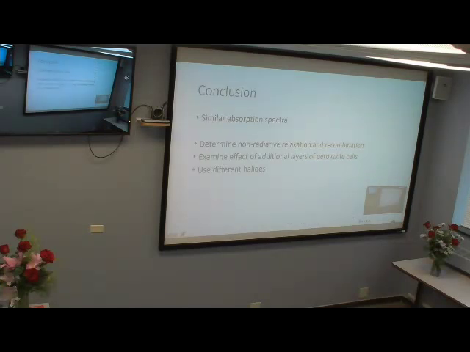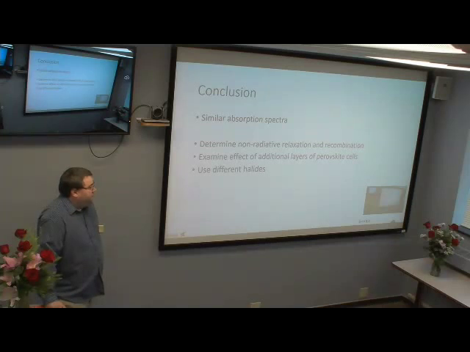So in conclusion, we see that these two layers have similar absorption spectra, and to really determine any usefulness as photovoltaics or as a light-emitting material, we would need to determine their non-radiative relaxation rates.